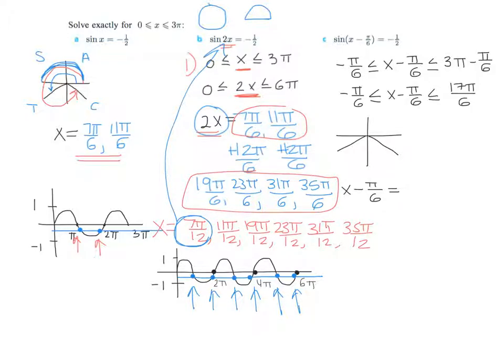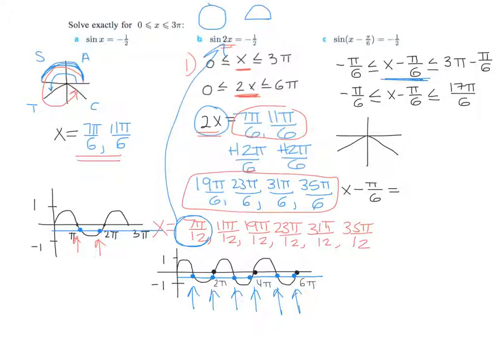Last question. You can imagine what's going to happen to your domain given that sine of x minus pi over 6 is equal to negative half. The original domain goes from 0 to 3 pi. This time your x has become x minus pi over 6, so you're going to subtract pi over 6 on the left and right.